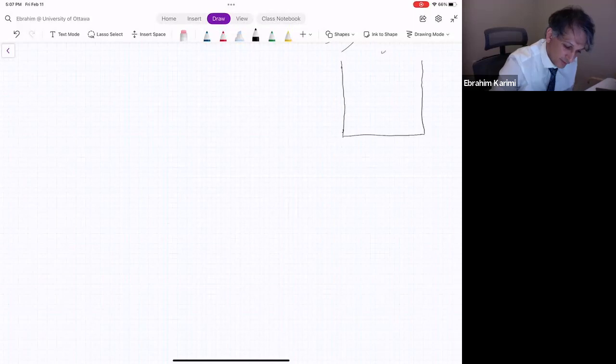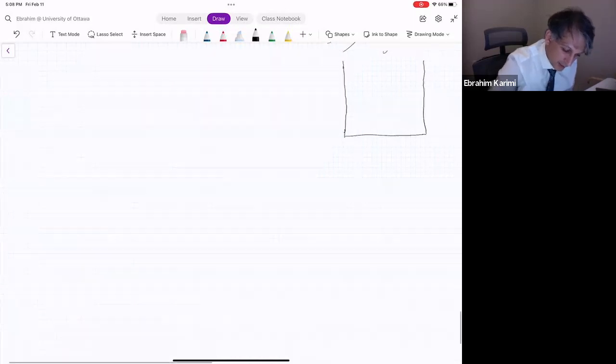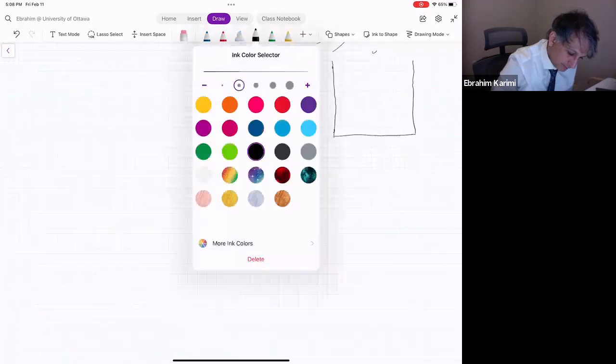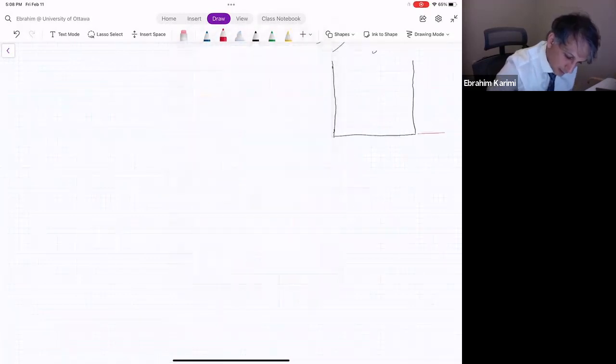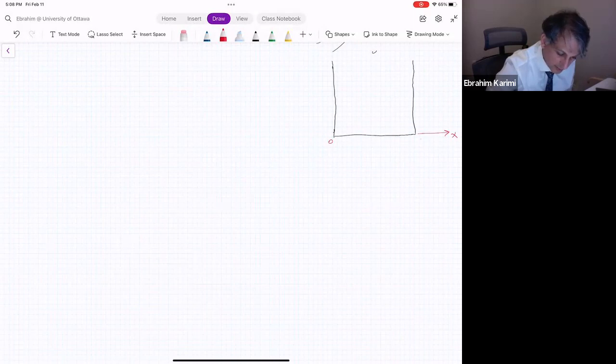I keep in my coordinates this is x, this is 0, and the length is a. I keep this one at a potential of V0, and that one at a potential of 0, and that one at a potential of 0.